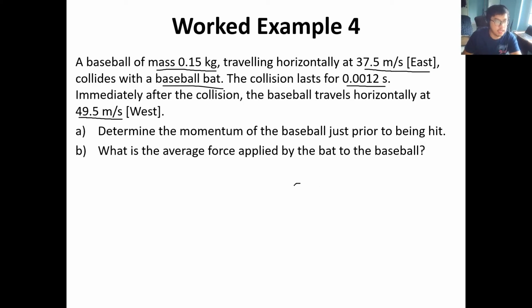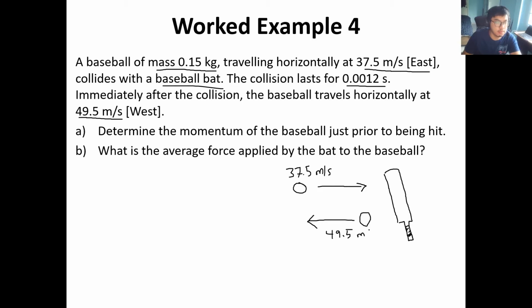So what's happening is that you have a baseball that moves to the east, which is to the right, at 37.5 meters per second. Then it is hit by the bat and moves to the west at a velocity of 49.5 meters per second.